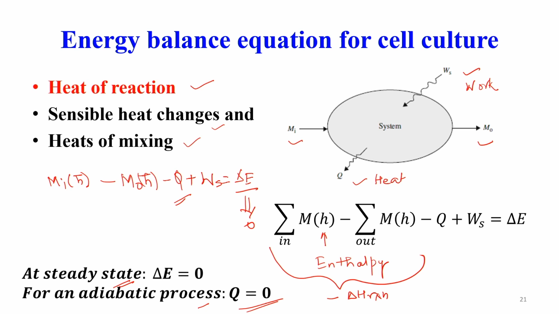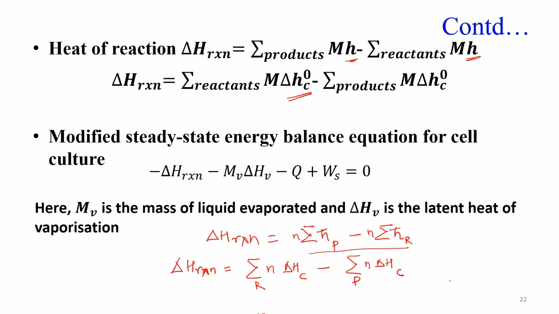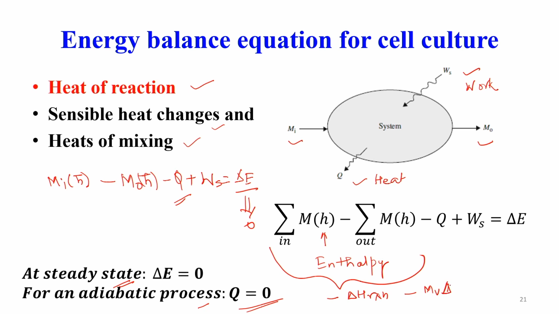So, in that case we have to use the term latent heat. So, it becomes minus M_V, the amount participating in the vaporization or phase change, into delta H_V, that is the latent heat.